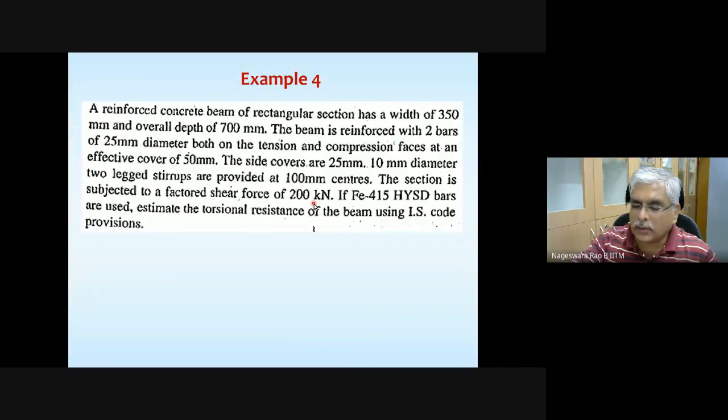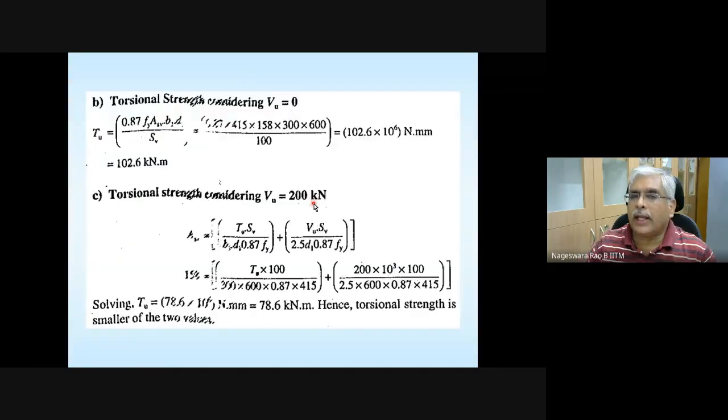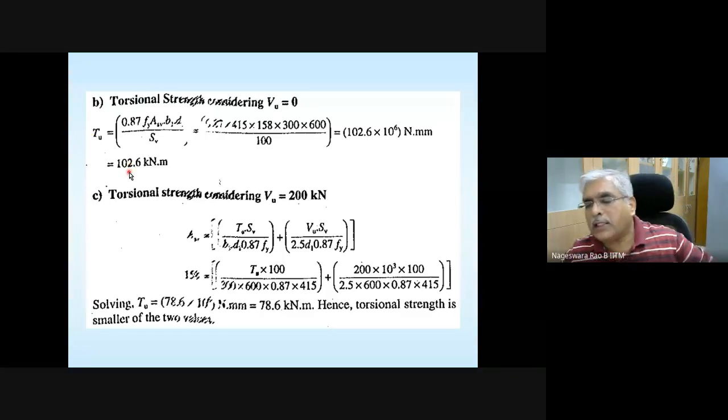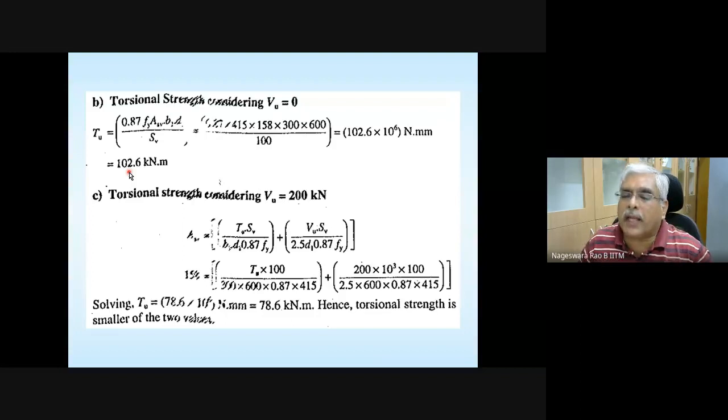So two cases are solved here. One taking Vu equal to 0. What is the torsional resistance? Or basically torsional strength. When you calculate Tu here, that's going to reflect the maximum torsion this beam can take. So that is nothing but your torsional strength or torsional resistance.